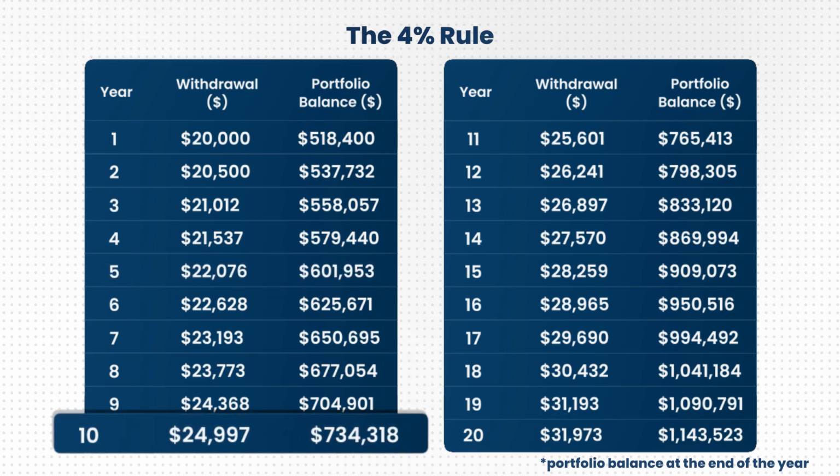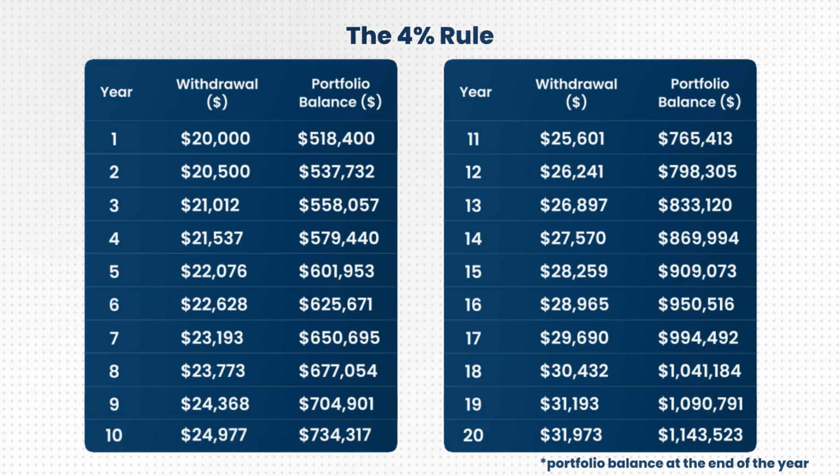At the 10-year mark, the withdrawal would be just under $25,000, and the portfolio's value would be about $734,000. Each year, you see this ever so modest increase in your withdrawal. Continue on to 20 years into retirement, the withdrawal would be about $32,000 for the year, and the portfolio would have grown to well over $1 million.